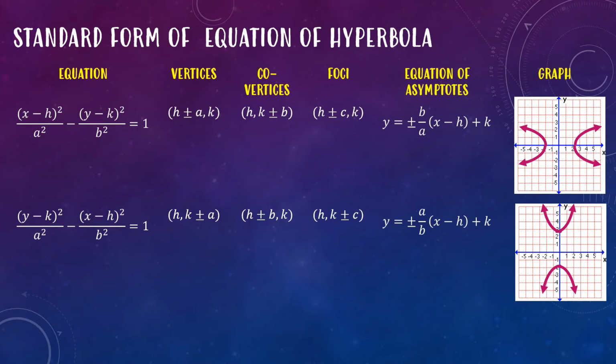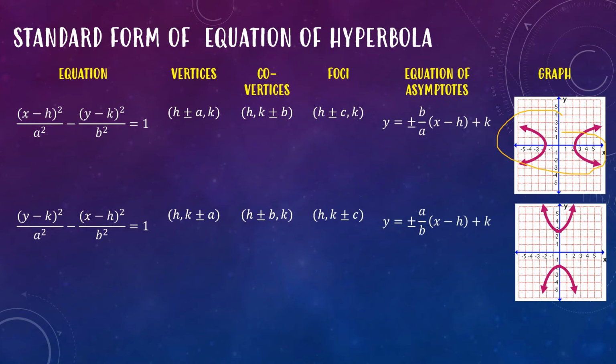Then we have the equation of asymptotes. We have y equals positive negative b over a times the quantity of x minus h plus k. So, ang graph ani niya kani. This is what we call the horizontal hyperbola, kay ang opening niya is left and right.